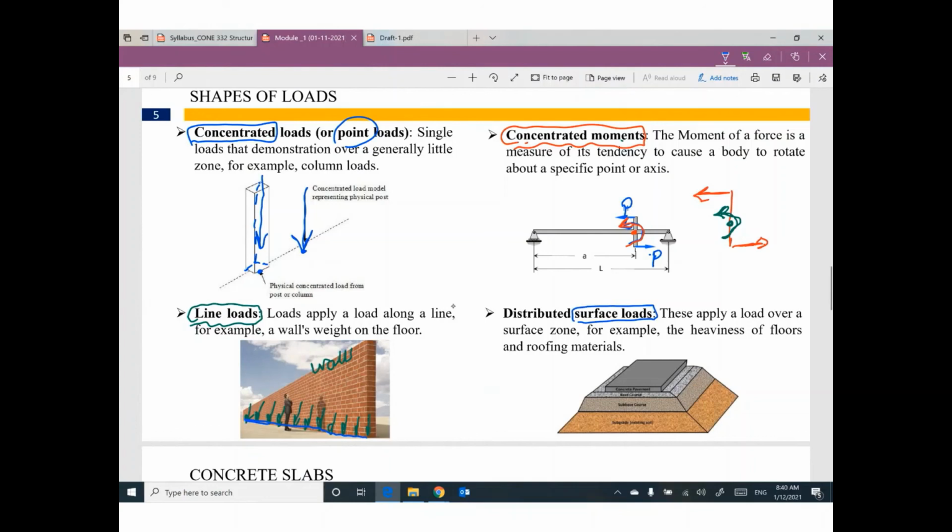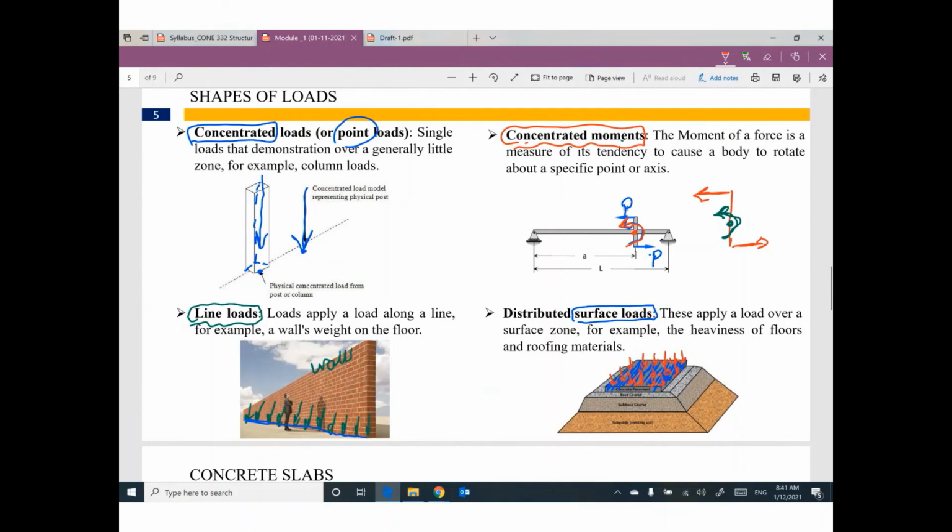We have this concrete slab or concrete panel. This slab will cause surface load because it's not on one point or one line, it's on an area. That's right. If your load is applied on one area, this load can be called surface load.